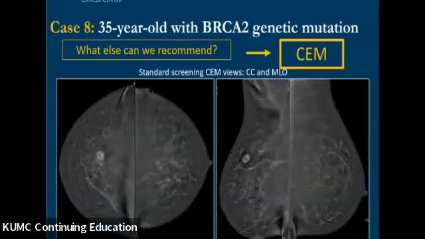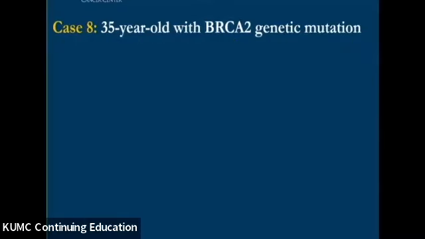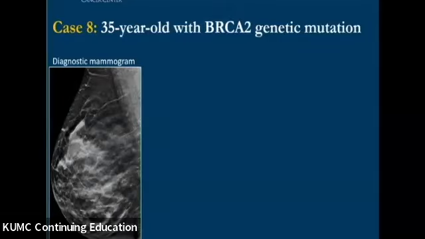I didn't look closely enough at Dr. Winblad's slides, so it's the same case here, but I'll give you a little bit extra. We have our suspicious enhancing mass there in the upper right breast. I thought this was a great case because we recalled her from her screening CEM for a diagnostic workup because it was a big enough mass. We thought we should be able to see it on mammogram, but we could not.